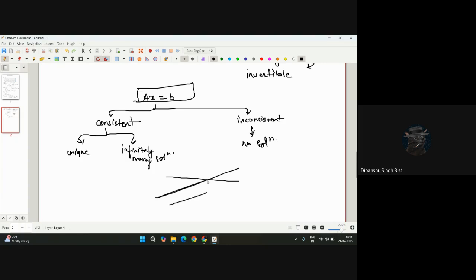You get a solution when you find a point of intersection. So you have three possibilities: either there is a single point of intersection, or both lines overlap with each other, which is a case of infinitely many solutions, or the third possibility is both lines never meet. That is a case of parallel lines, and in that case there is no solution. So this was an example from 2D.